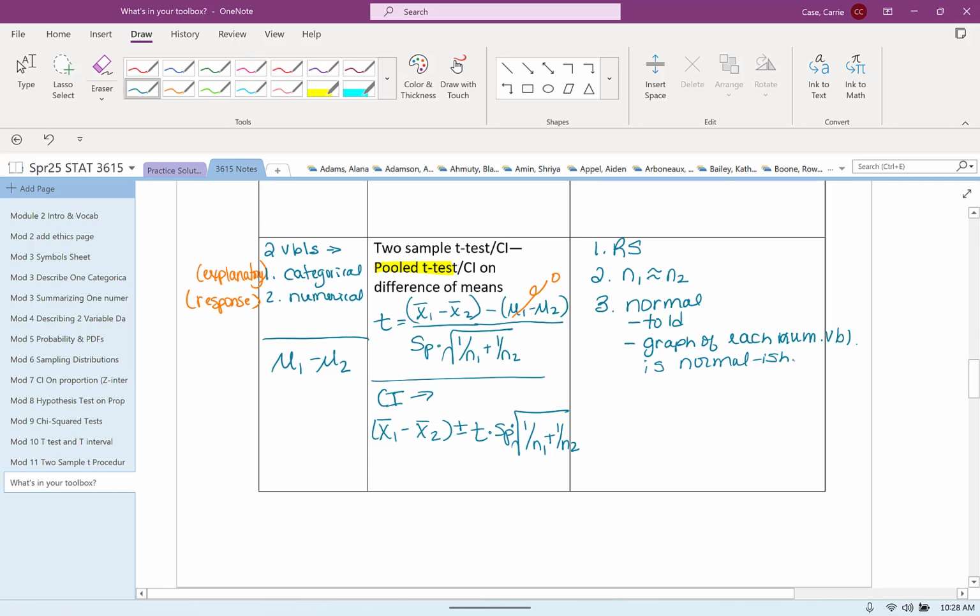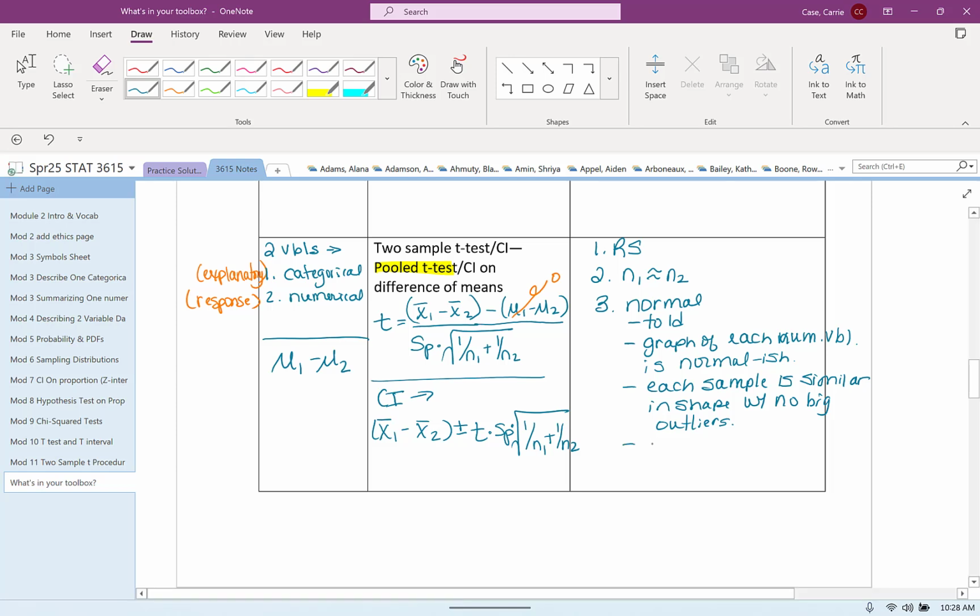We just have to be sort of close with normality here because t is robust to departures from normality. Each sample could be similar in shape with no big outliers. So both of our histograms might be skewed right, but as long as we don't have any major outliers, the t-test will still work here.